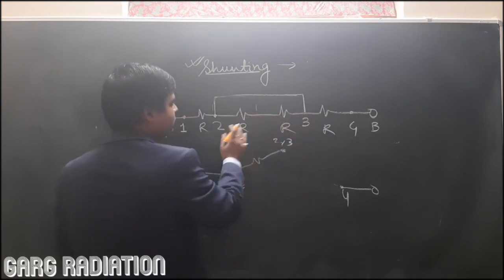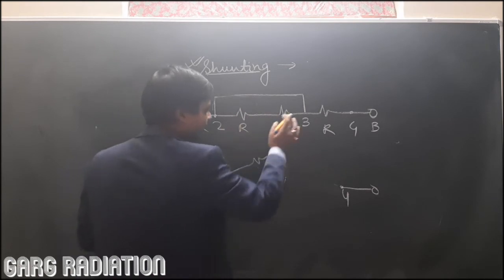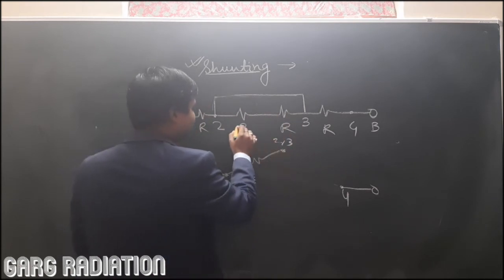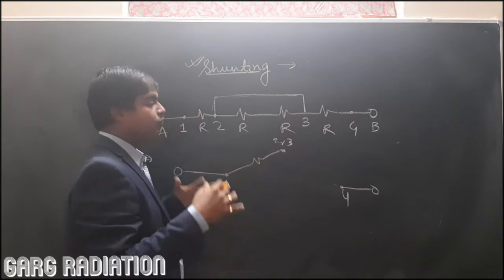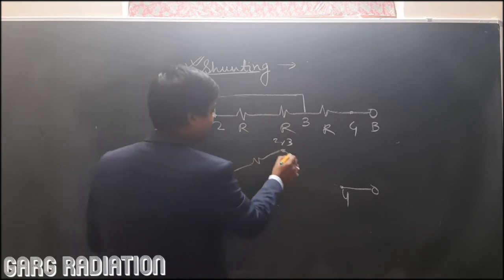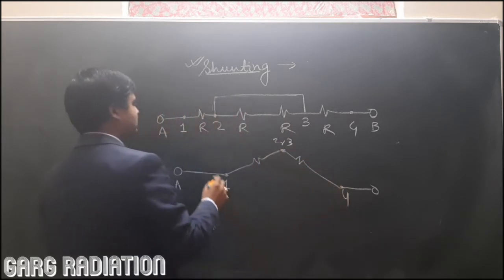You cannot draw any resistance between 2 and 3, and hence these two resistances simply vanish. They do not contribute to the circuit.